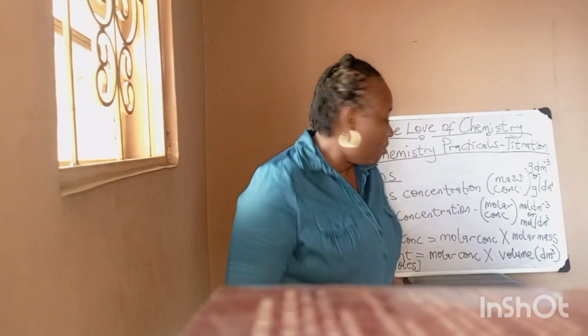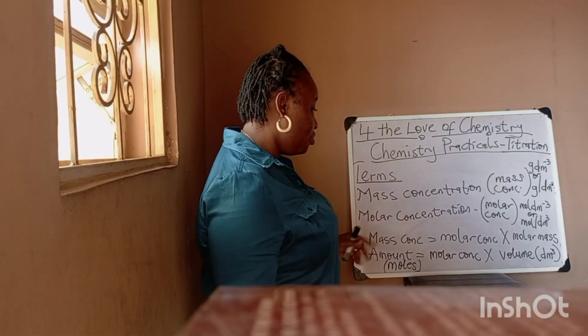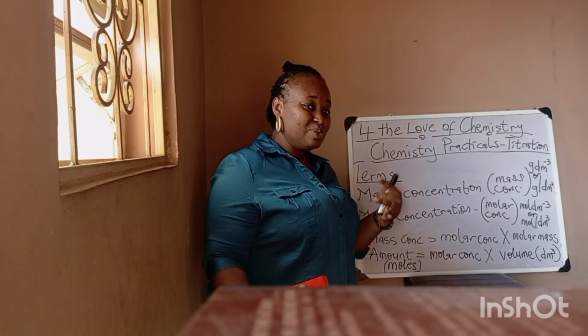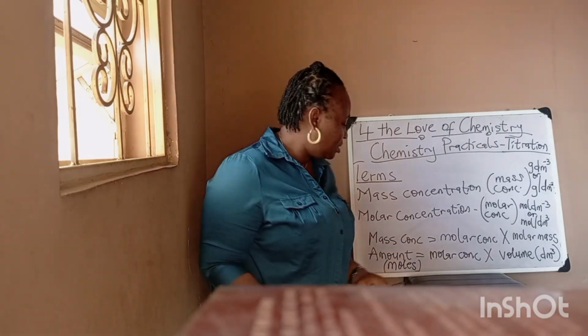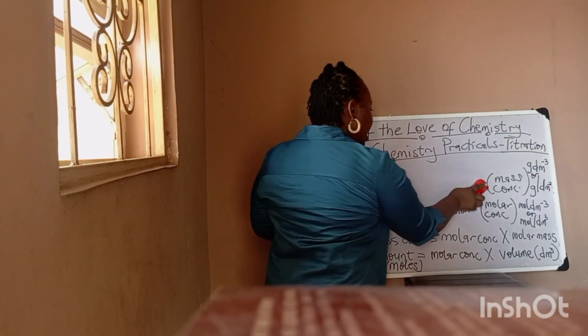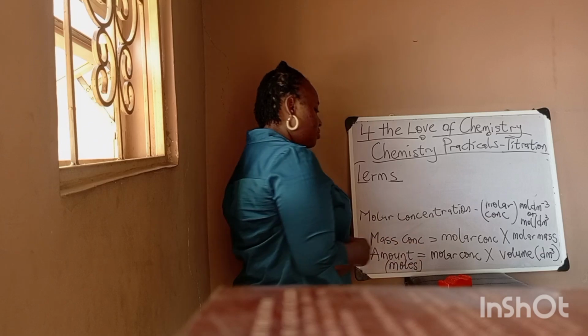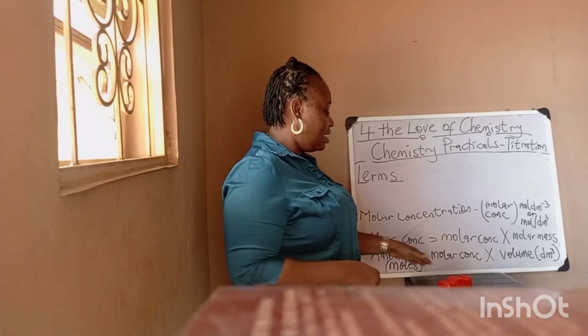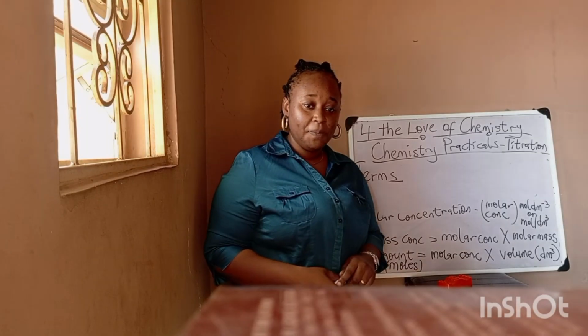And there is something I want to show you about this amount, so you can know it even when amount is not mentioned. For instance, you are asked what is the number of moles of so and so with this molar concentration of so and so and this volume.